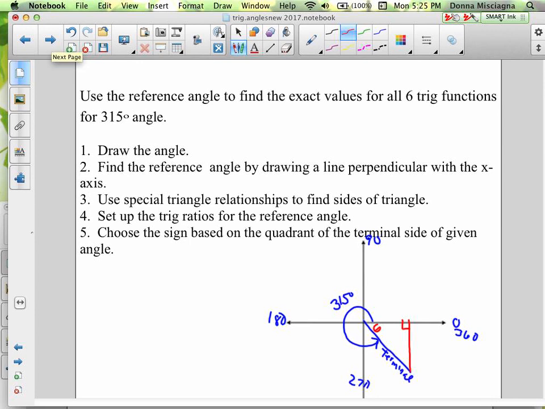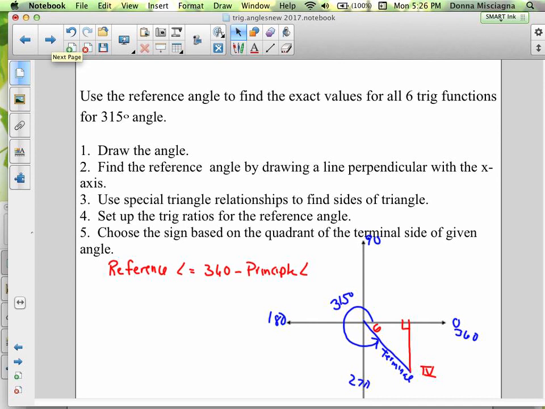Now, we're in the 4th quadrant. I'll label that. So for the 4th quadrant, the reference angle equals 360 minus the principal angle. All right? So there is enough room, I believe, for you to put this in your notes. Feel free, though, to abbreviate, to make sure you have enough space, because we still have to do all the trig functions.